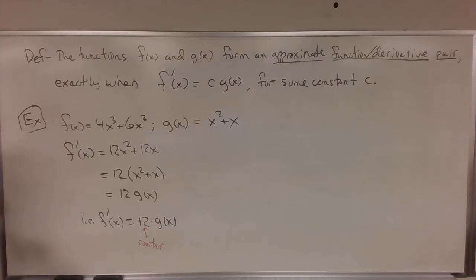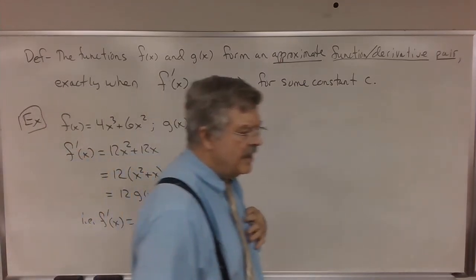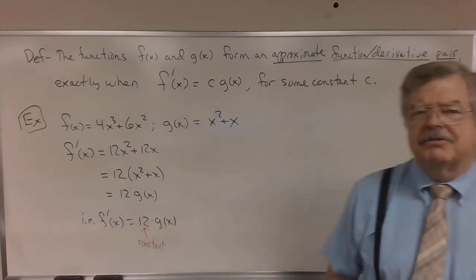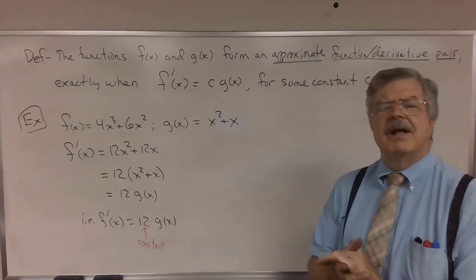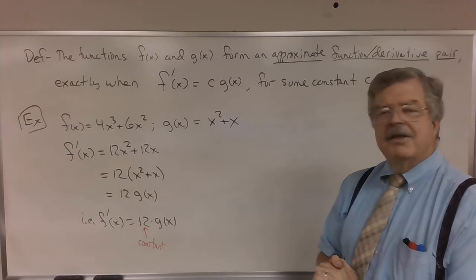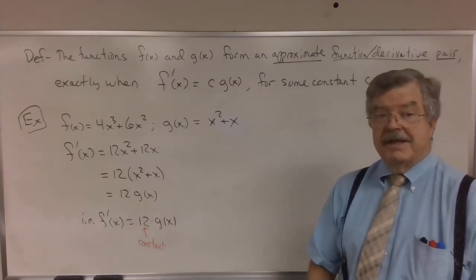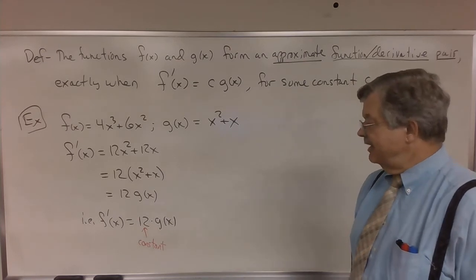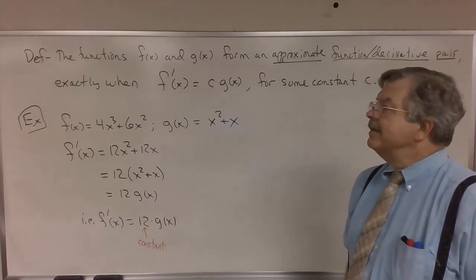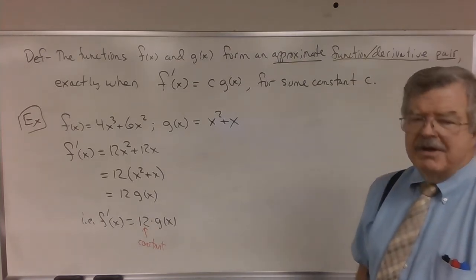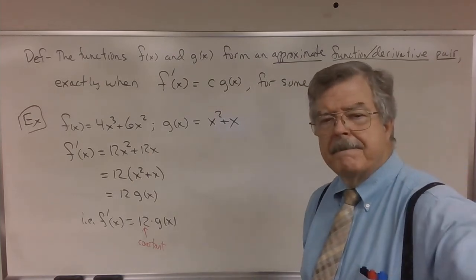This notion is going to be helpful in U-substitution exercises. It's going to enable us to apply U-substitution to a much broader category of integrals or antiderivatives. So let's do another example.